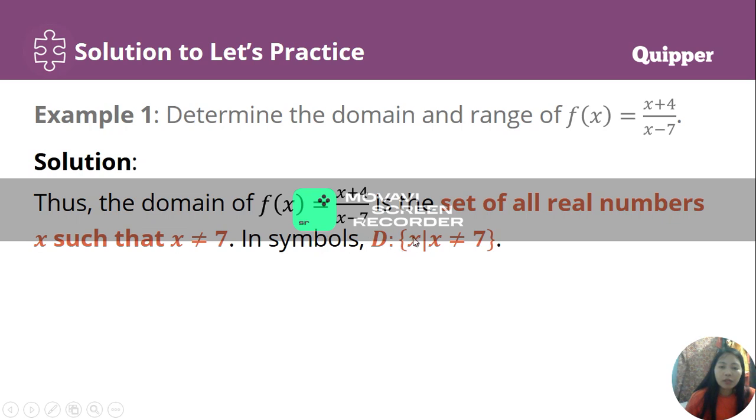Domain equals the set of x such that x is not equal to 7. As you can see, this symbol is not equal to. We exclude the vertical asymptote in finding the domain. This is only for the fraction, in the form of a fraction or rational function.